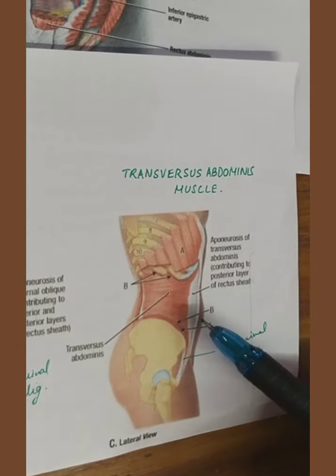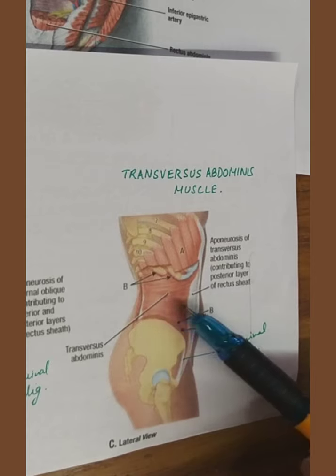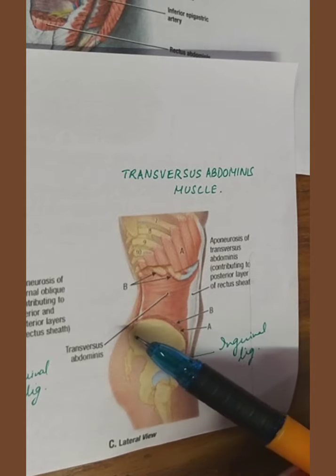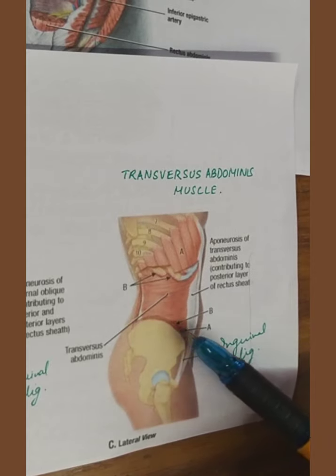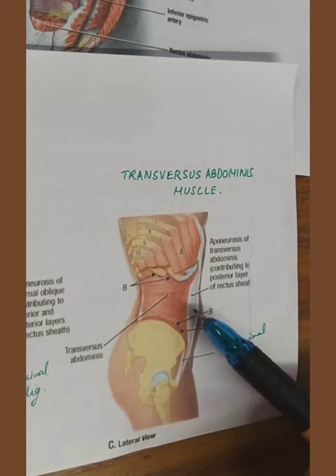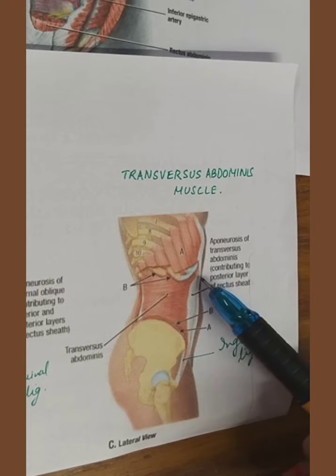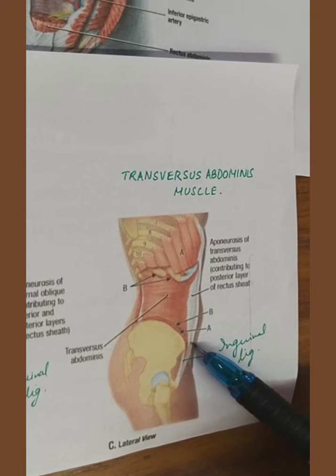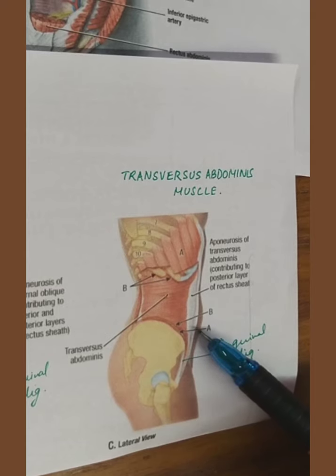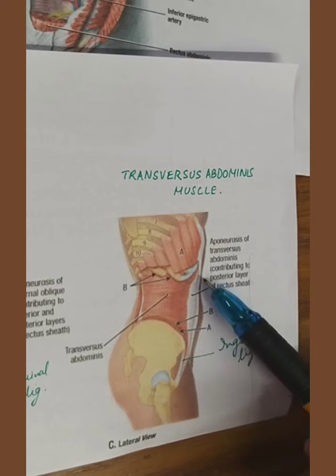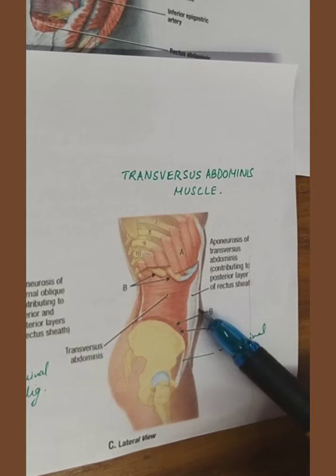The remaining fibers, you can see here, they end in an aponeurosis that is narrow towards the xiphoid process, wide towards the umbilical region. Aponeurosis is finally inserted in the linea alba.